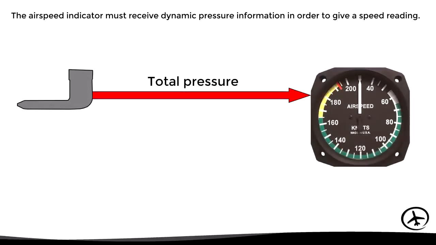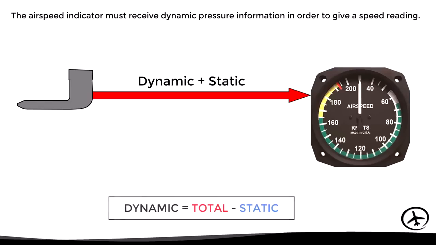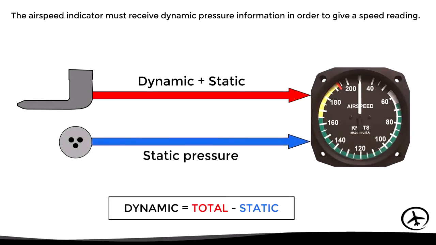The problem is that the pitot tube provides total pressure, not only dynamic pressure. Now, as we said previously, the total pressure equals dynamic pressure plus static pressure. So if we want only the dynamic pressure, we have to take the total pressure and subtract the static pressure, which is provided by the static port.